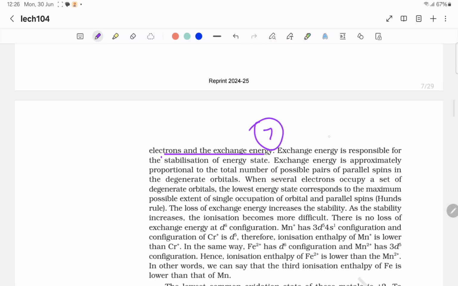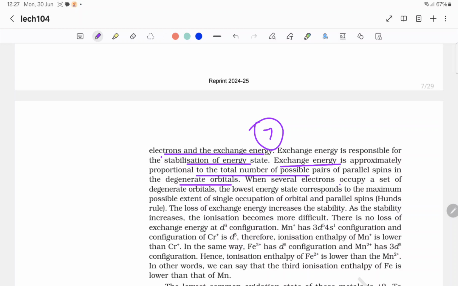The exchange energy is responsible for the stabilization of energy state. Exchange energy is approximately proportional to the total number of possible pairs of parallel spins in the degenerate orbitals.